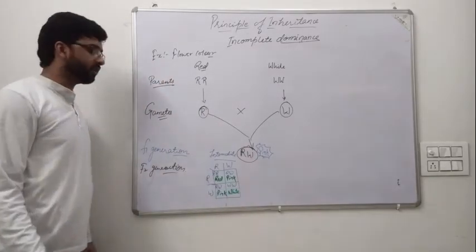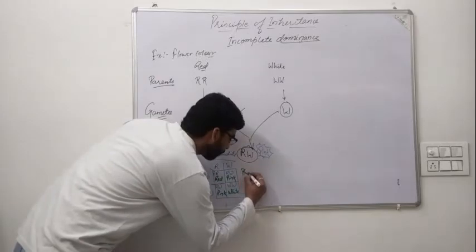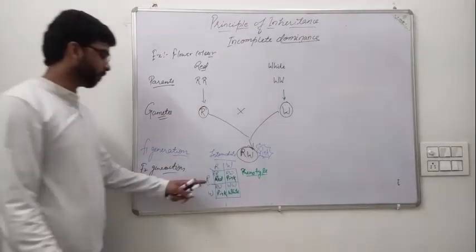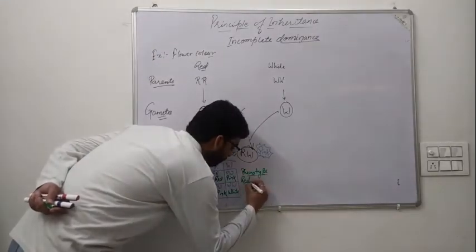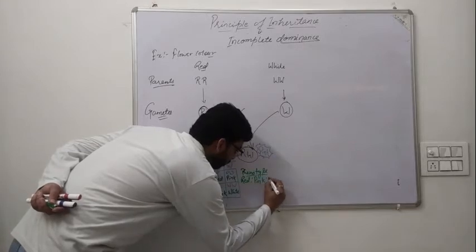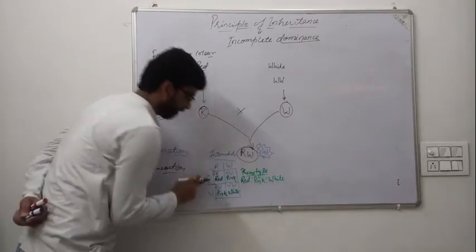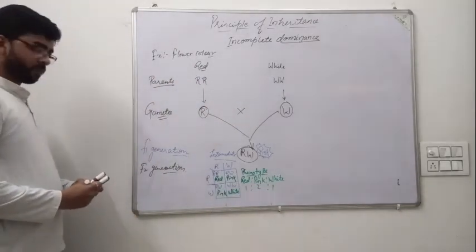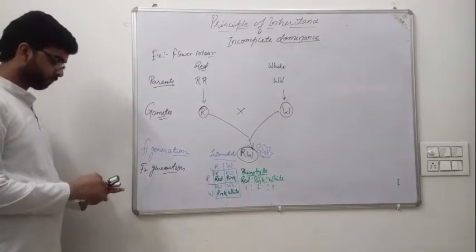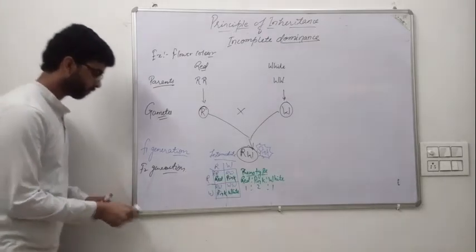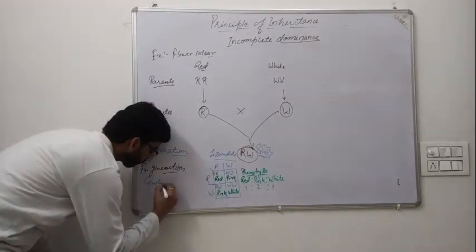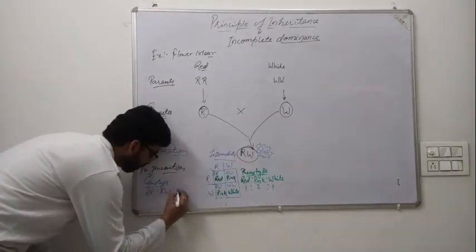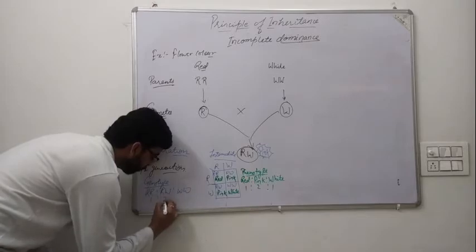Now we look at the phenotype. What's the phenotype here? Red, pink, white in the ratio 1:2:1. Now the genotype: RR, RW, WW, the ratio is 1:2:1.